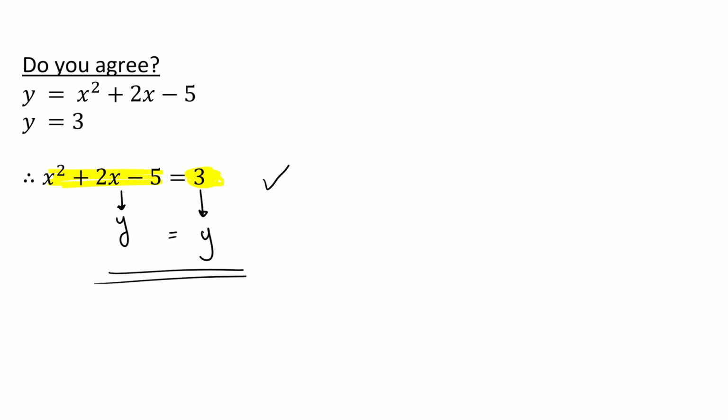Therefore, they equal to each other. Now, this is an example of a quadratic graph, a graph that looks like this. Y equals 3 is a horizontal line, and it will cut the quadratic graph in 2 places, and we are trying to find the values of x.